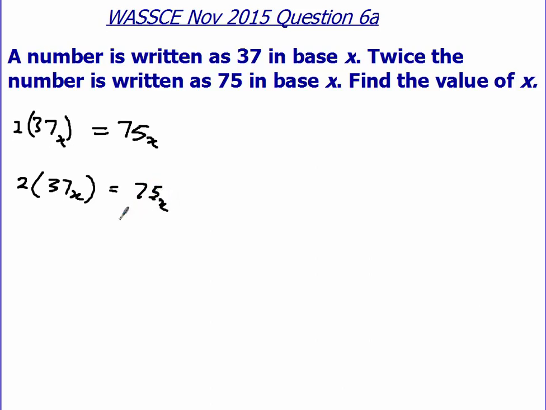75 base x. Now I told you you need to convert these values to base 10, and to do that you need to give the exponent 0, then exponent 1.